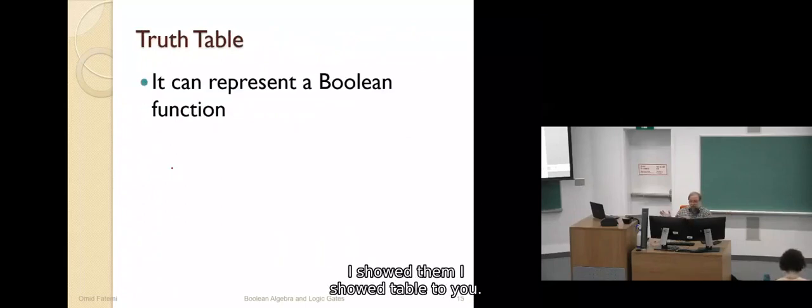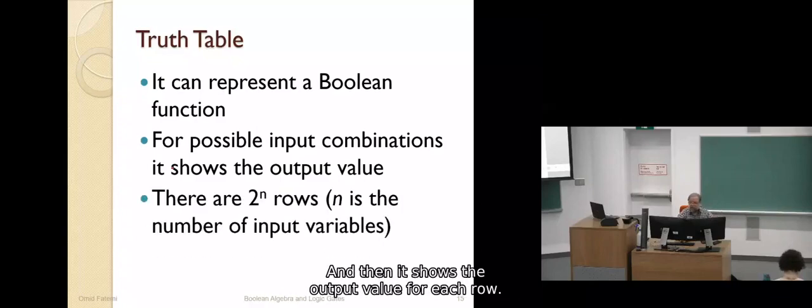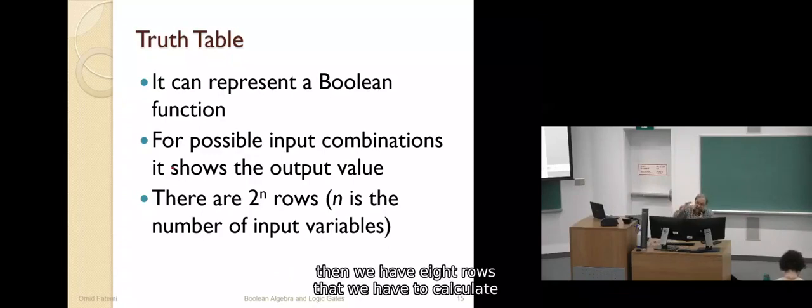A truth table represents the function, and it has all possible combinations of inputs in rows, and then it shows the output value for each row. So if we have n inputs, then we have 2 to the n rows. If we have 2 inputs, then we have 4 rows. If we have 3 inputs, then we have 8 rows that we have to calculate and express the output.